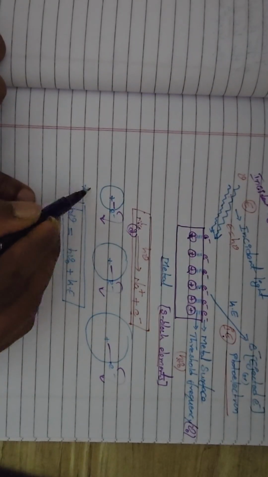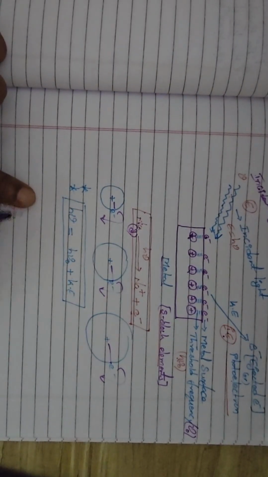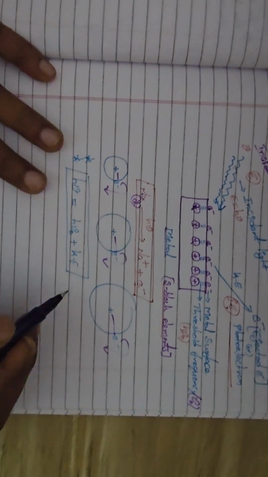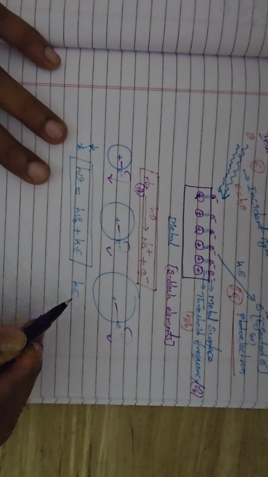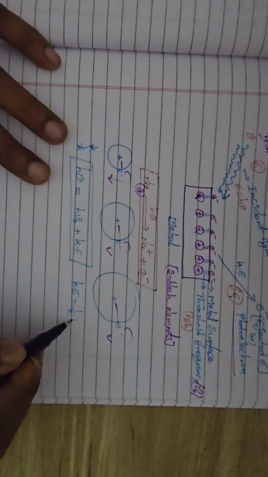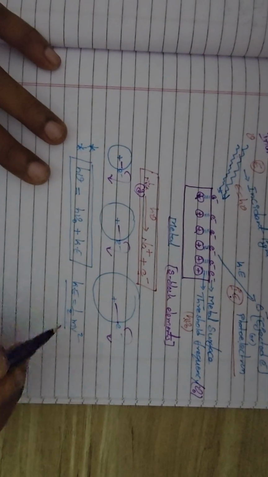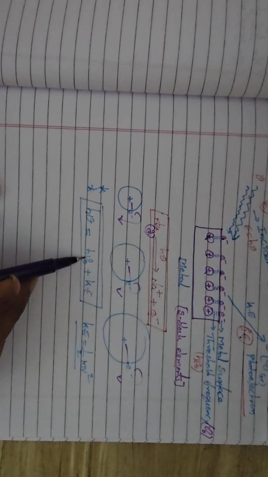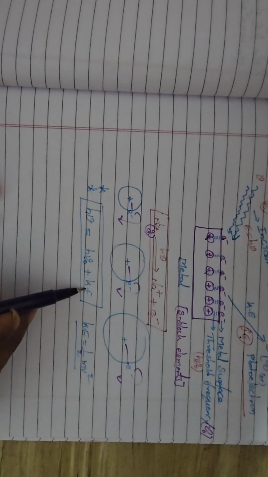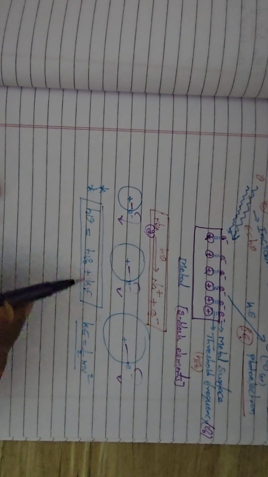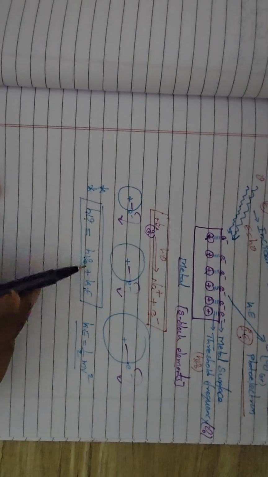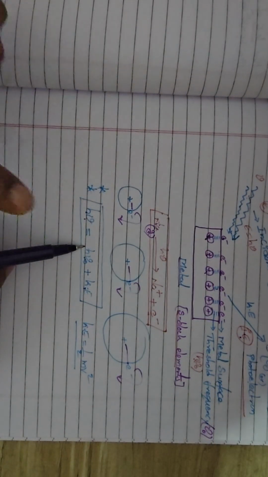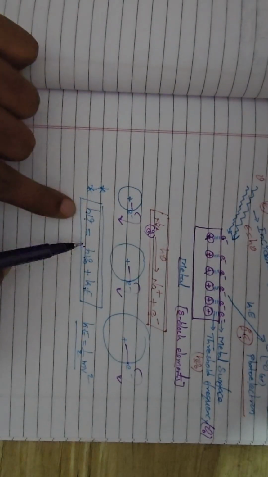By using this formula, problems are important. h nu is equal to h nu naught plus Ke, where Ke is nothing but half m v square. h nu is the incident light energy, h nu naught is the threshold energy, and Ke is the ejected electron kinetic energy. Use this formula to solve the question.